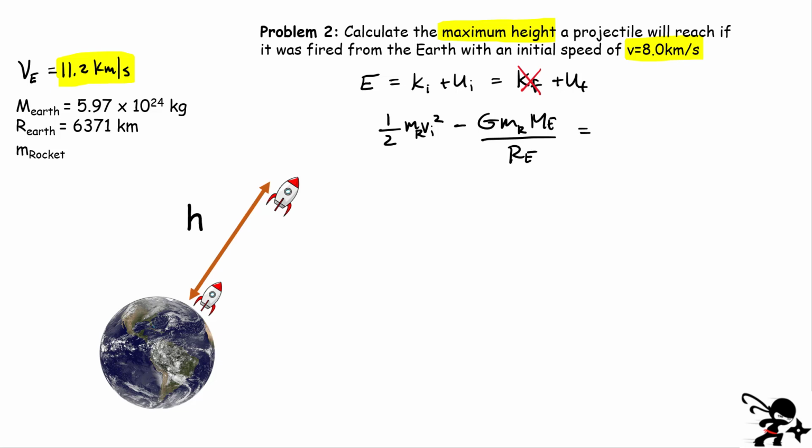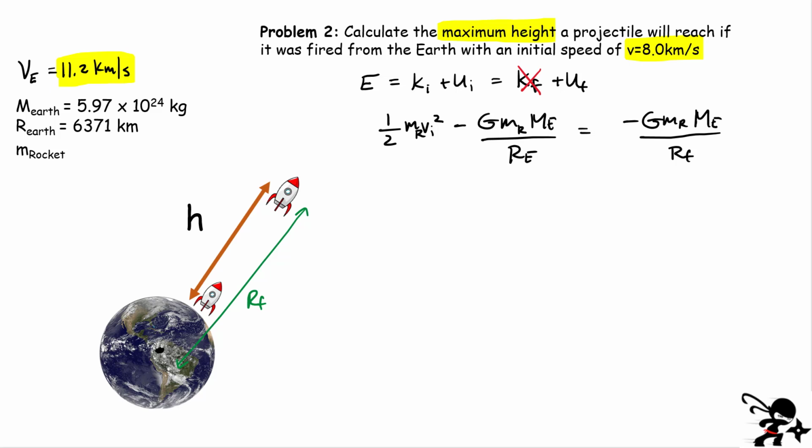And my final one, let's just write it from the center of the Earth. Let me pick a different color here. So the rocket is going to be a certain distance, and afterwards I'll calculate the height. But this is going to be my final distance from the center of the Earth. So that means I have final gravitational potential energy. It's mass of the rocket, mass of the Earth, divided by R final. So my goal now is to find what this R final value is.